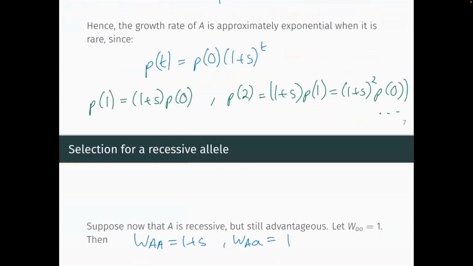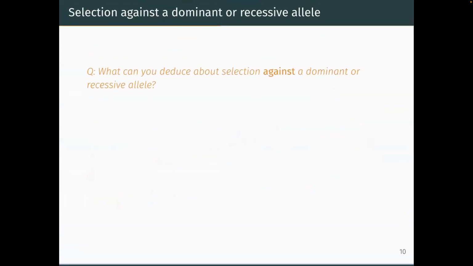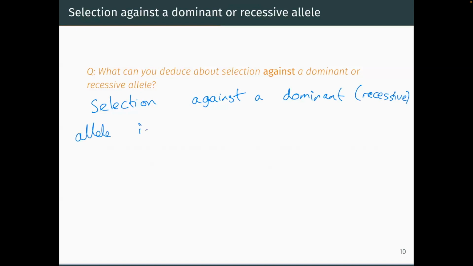So the nice thing here is that we can just use exactly the same scenarios that we've looked at already to understand these things. So briefly, selection against a dominant (recessive) allele is the same as selection for a recessive.